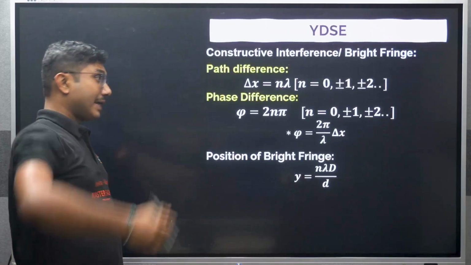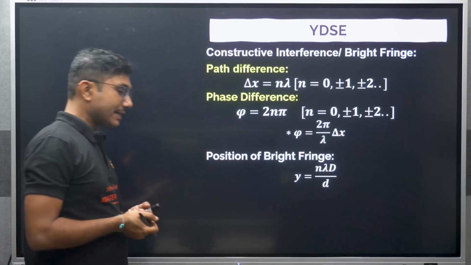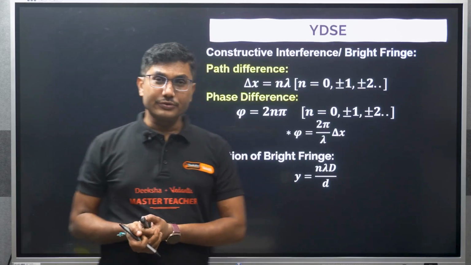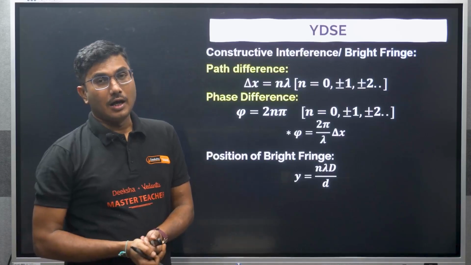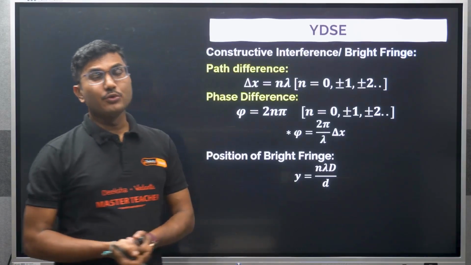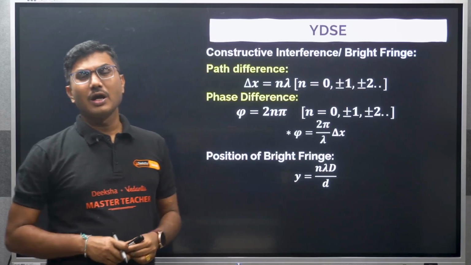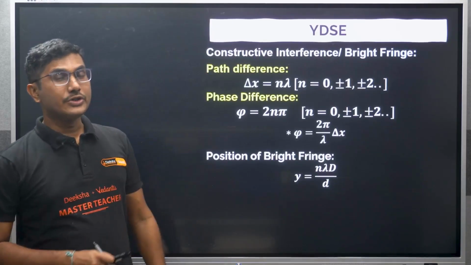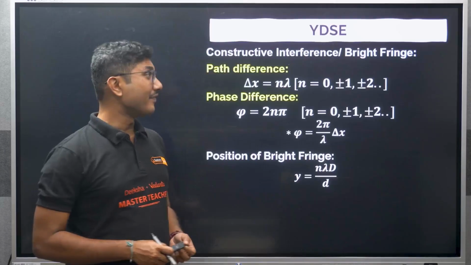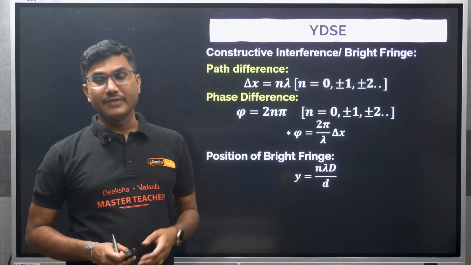Now if the rays which are interfering are coherent sources, based on the position we observe two different types of intensity. In the first case we observe intensity maximum, which is also called a bright fringe, or constructive interference.